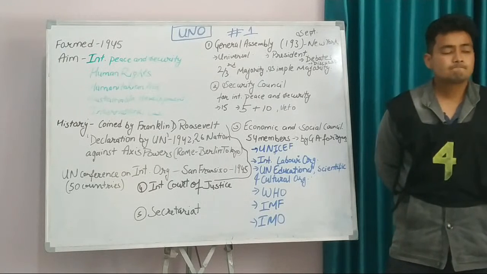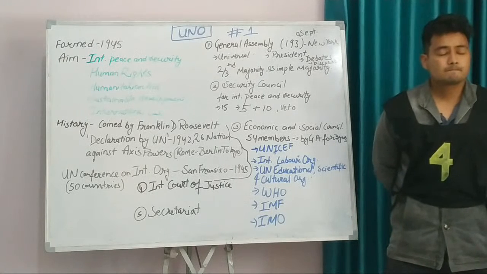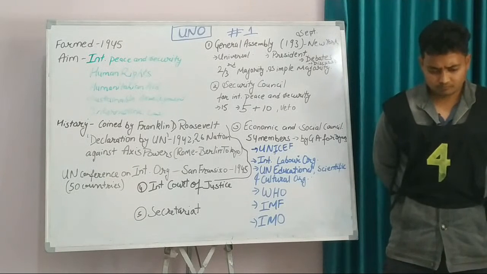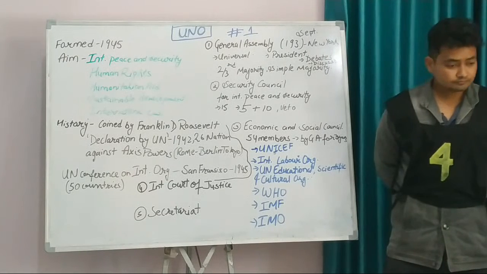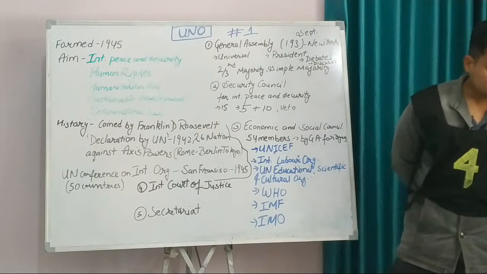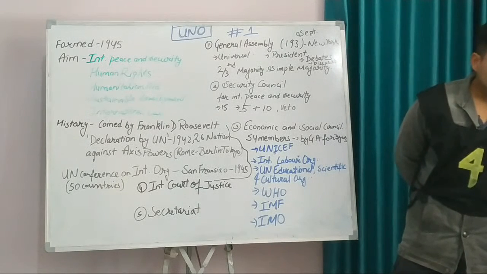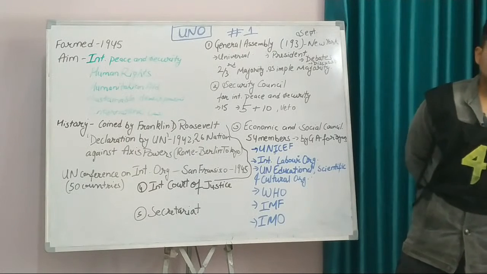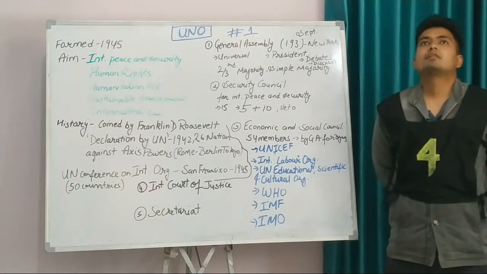I want to know if all the countries of the world, all the so-called responsible nations of the world, did they not feel the need for such an organization until the end of the Second World War? Can you repeat your question? I just wanted to know whether all the nations of the world only came to realize that such an organization was needed in 1945, or before this also there was one.